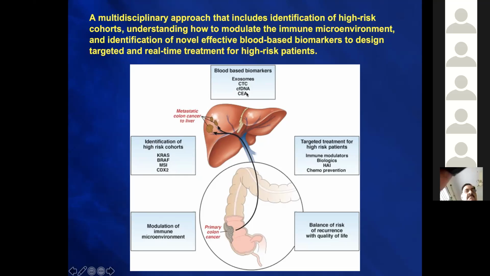CEA is the regularly used biomarker, but it is of more prognostic importance when it is raised before the treatment rather than when it is not raised. We also have to decide what chemotherapy, what targeted agents, and what biologics you are going to use, and ultimately you have to balance the risk of recurrence with quality of life when you are planning any treatment.